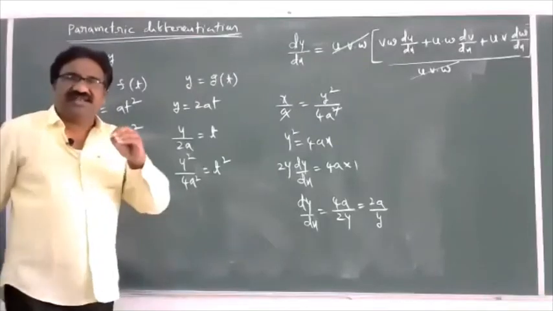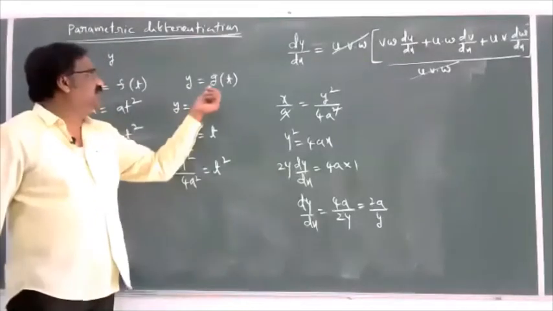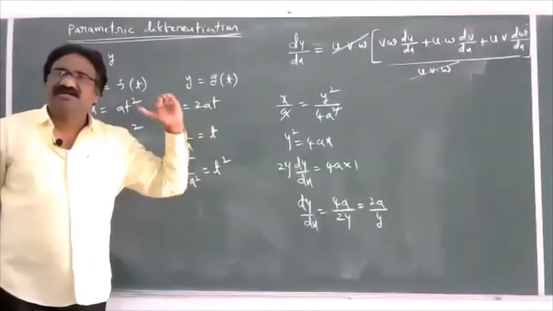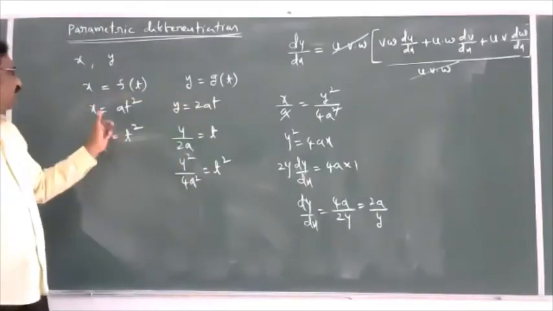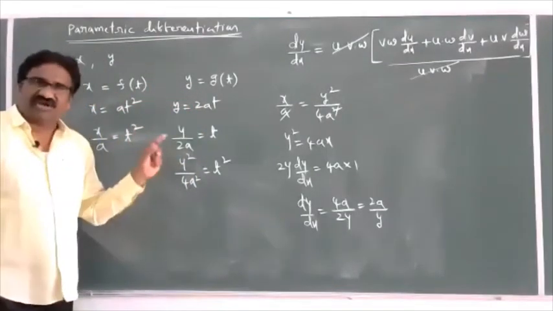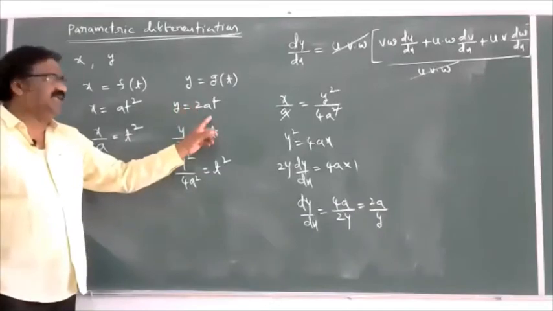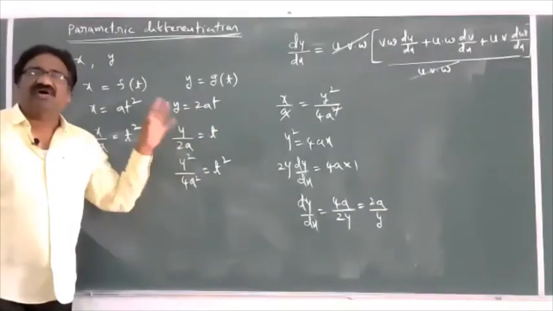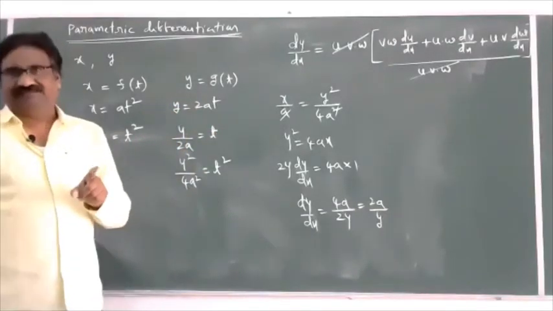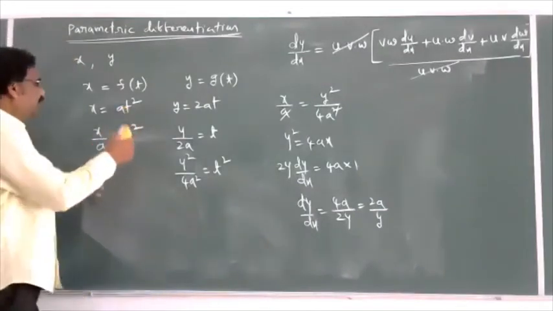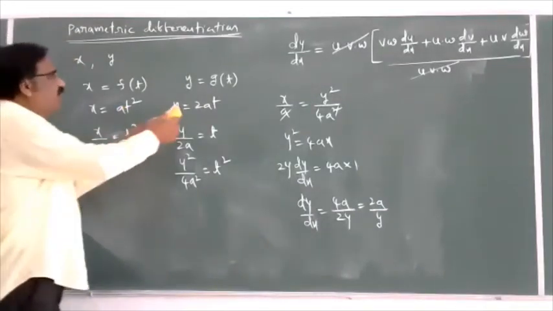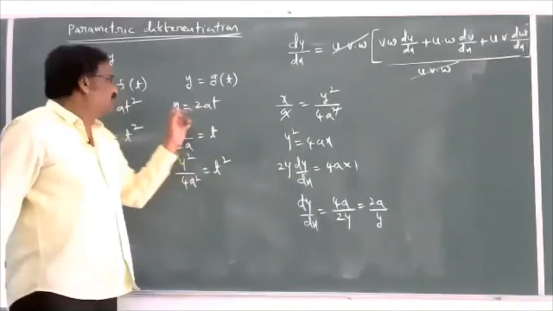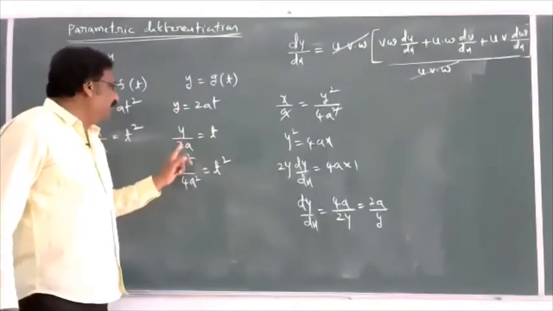That is, you can eliminate the third variable, that is t. For example, if you take x is equal to at square, one function, y is equal to 2at, another function. We want to eliminate the third variable t here. So that's why here you get t square is equal to x by a. From this, we want t square. That's why t is equal to y by 2a.